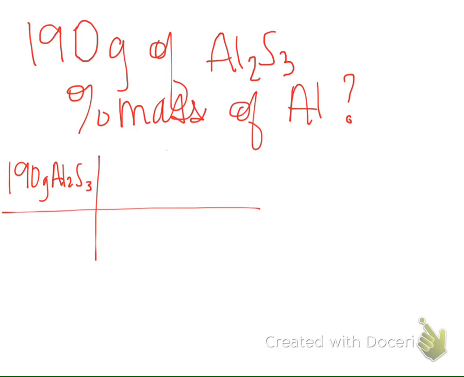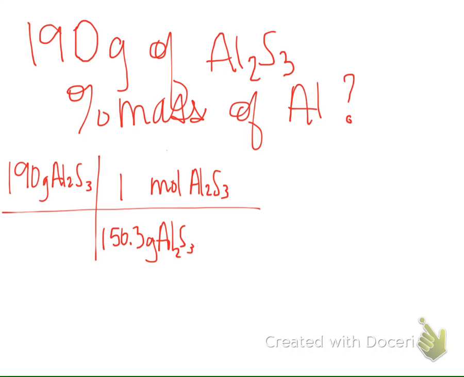I want to go from grams of aluminum sulfide to moles of aluminum sulfide. So grams Al2S3, and I want to go to moles. Which one gets the 1 here? Moles, if we're in grams and moles. What's the molar mass of aluminum sulfide? 150.3.